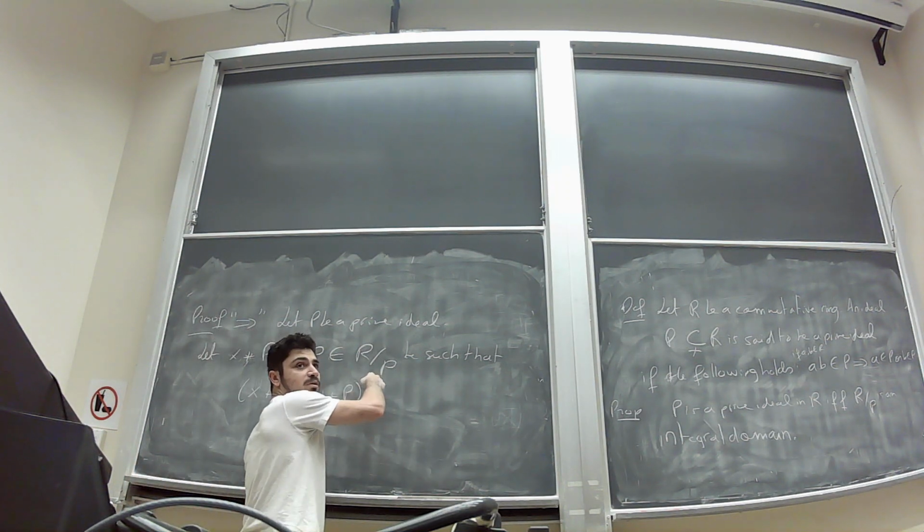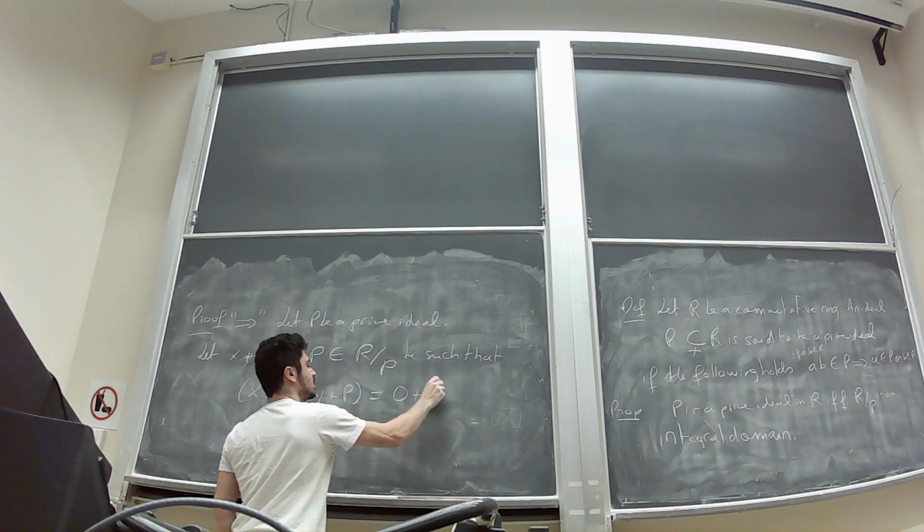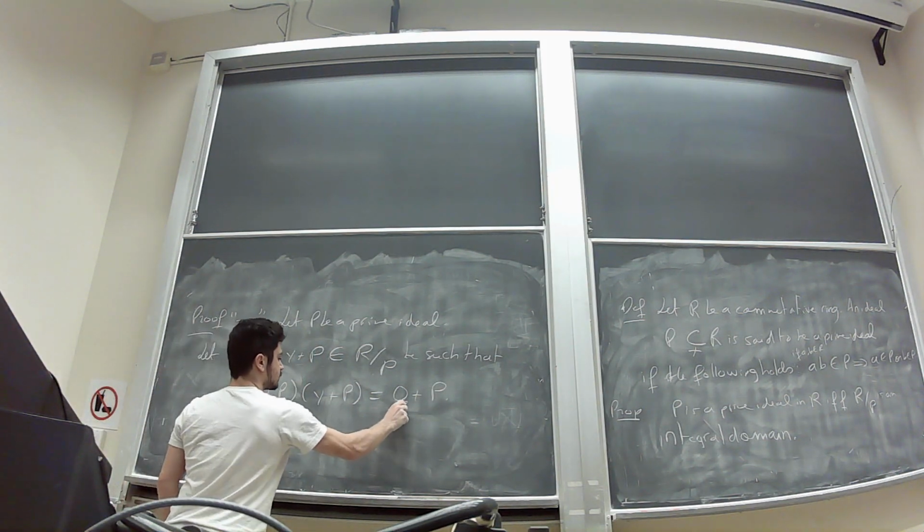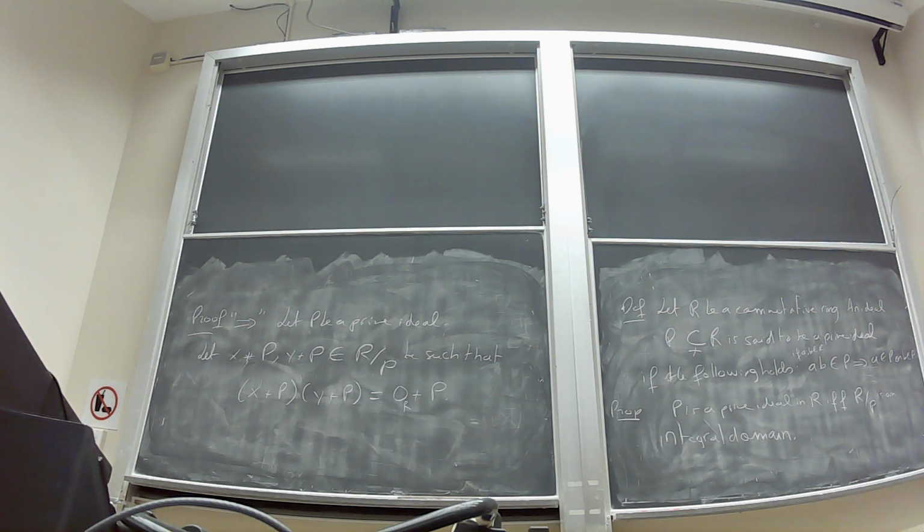What's the zero element in R mod P? It's the coset 0 plus P, that is P, 0 of R here. Okay, we'll show that x plus P is 0 or y plus P is 0.